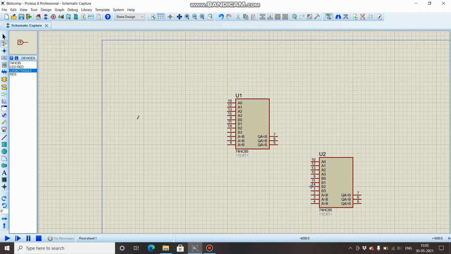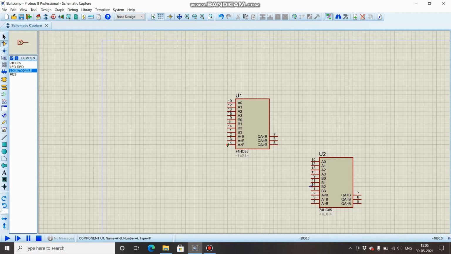Before starting that, if you refer to the data sheet of this IC 7485, the connections for these three pins are clearly mentioned. In case of the first stage of the entire comparator circuit, the A equal to B pin is supposed to be connected to plus VCC, and A less than B and A greater than B are both supposed to be connected to ground.